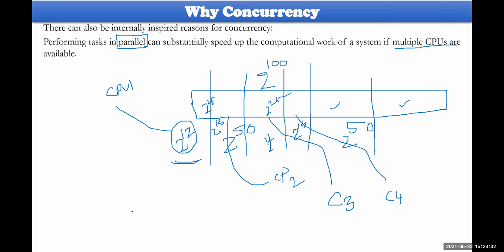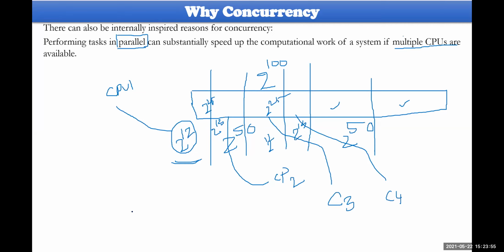Whereas if the same operation, 2 power 100 records, is done with a sequential CPU, in the sense that only one CPU will be there and operations will be done in a sequential manner, then you must wait a huge amount of time, a very huge amount of time.